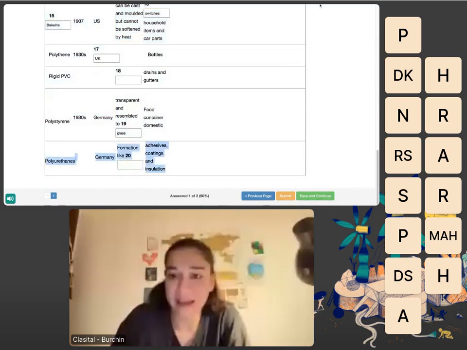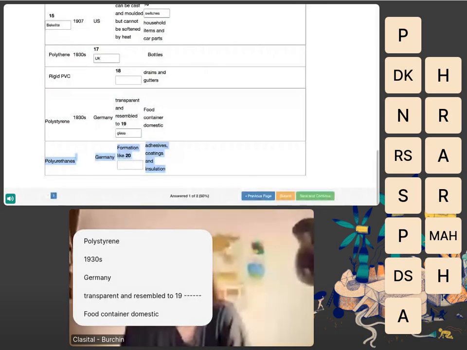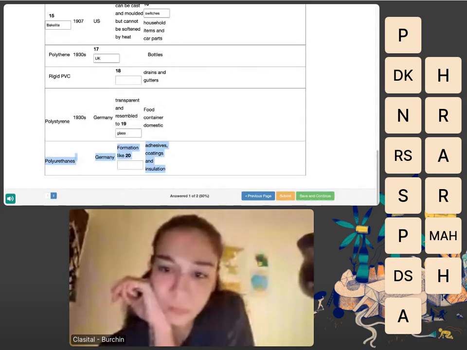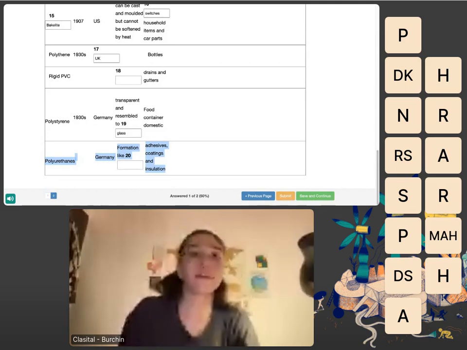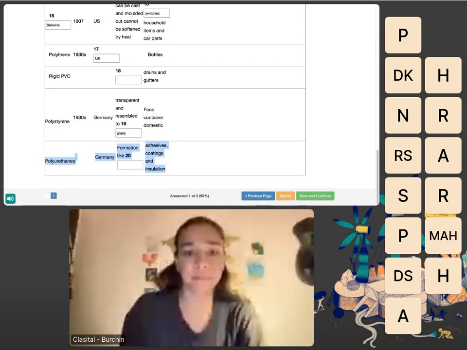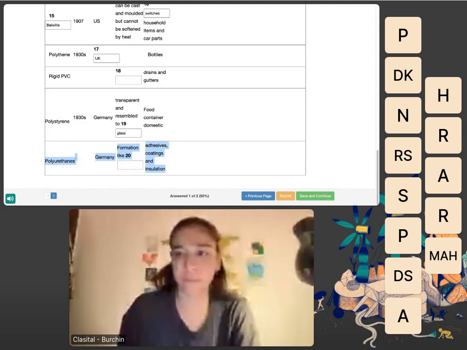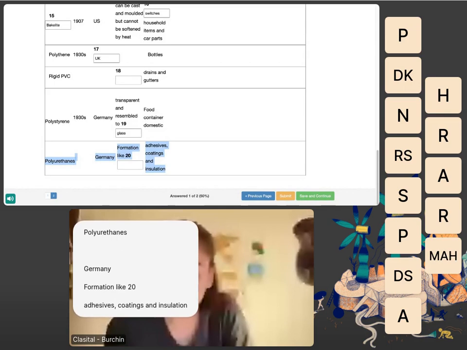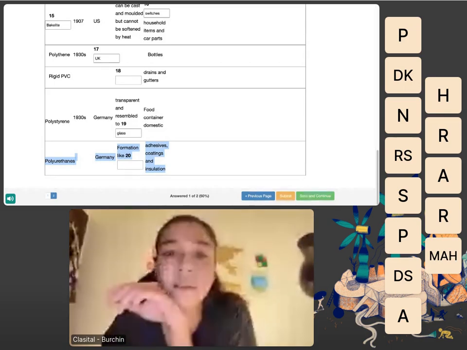Plastic is everywhere. No, not this one. Sorry. Polyurethane, Germany, formation like something, adhesive, coating, and insulation.